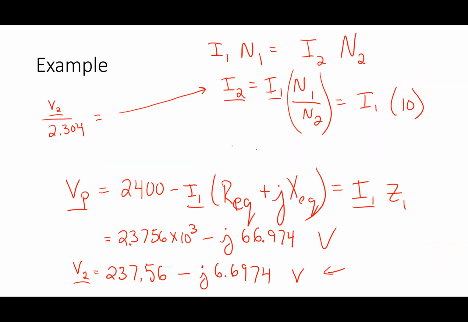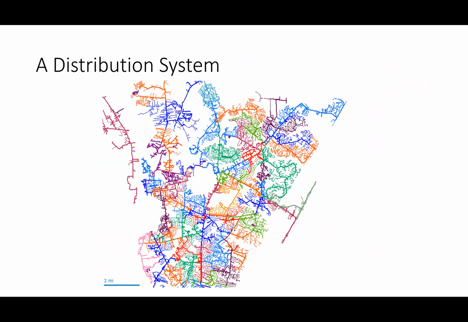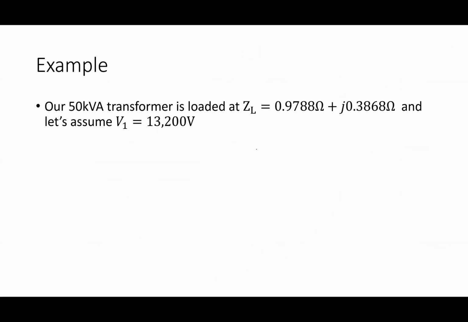Okay. Anyway, we're not getting too down in the weeds on that, but basically what I want to do is say, all right, let's say this 50 kVA transformer is loaded with this Z load, and I have V1 equal to 13,200 volts. Okay. And I said that this guy has a percent Z that was equal to, what did I say, 1.67.